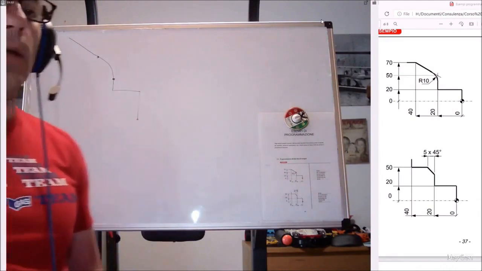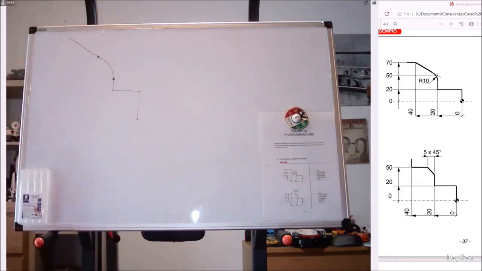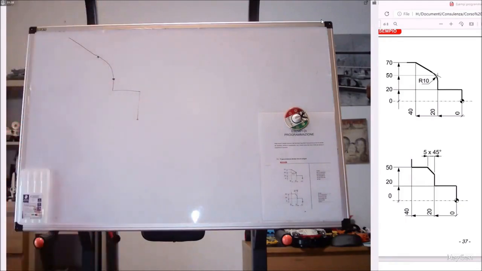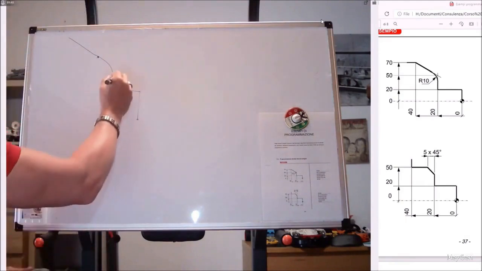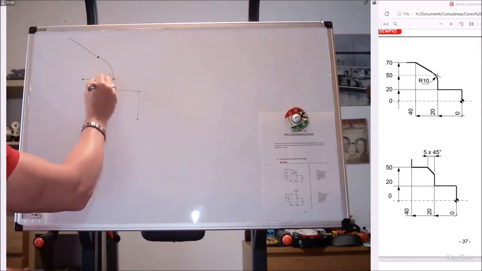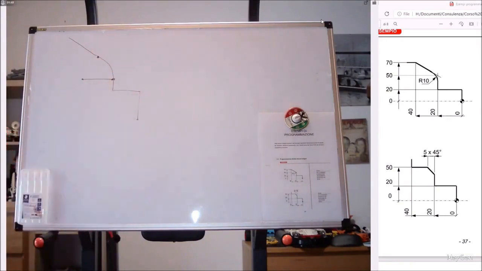And at this point, with the programming we have studied in these days, we need to discover either this point, or the center of our radius.